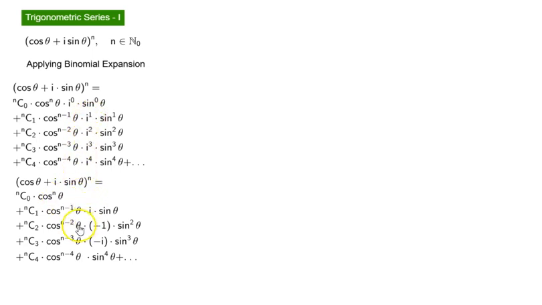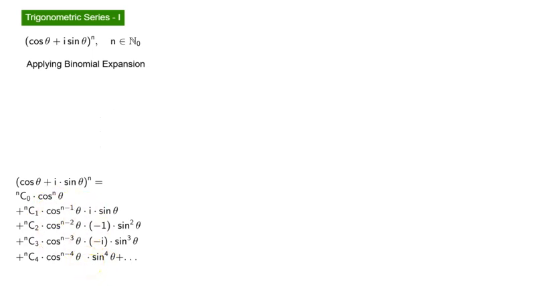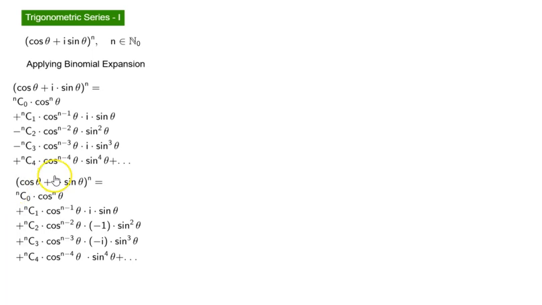i to the power of 1 is i, sin to the power of 1 theta is sin theta, i square is minus 1, i cube is minus i, i to the power of 4 is 1. Let's simplify this further by taking care of these negative signs.